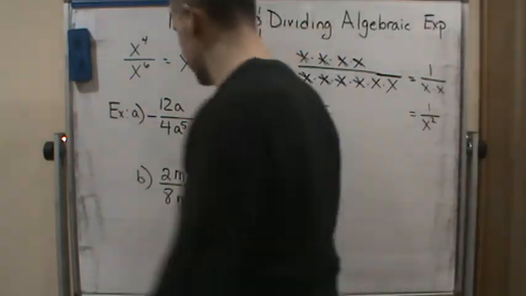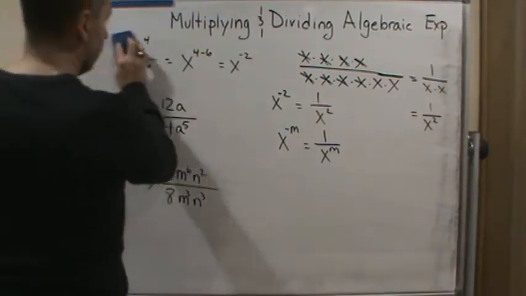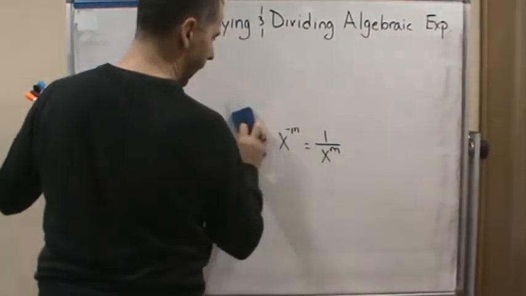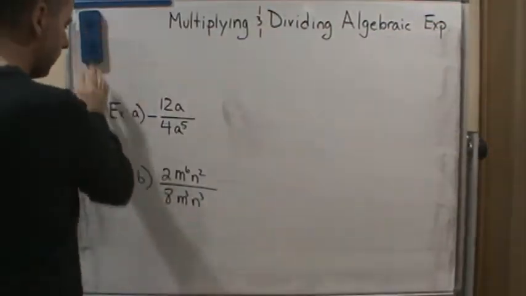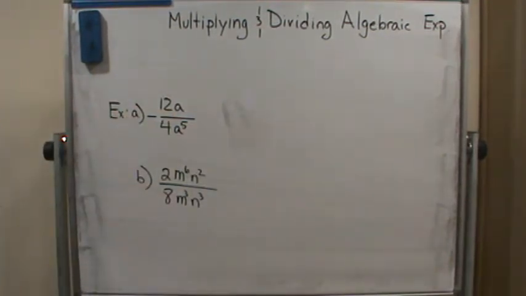So let's get to it. I want to simplify these two algebraic expressions as much as possible, and I want to have positive exponents in simplified form. Okay, so let's do it.